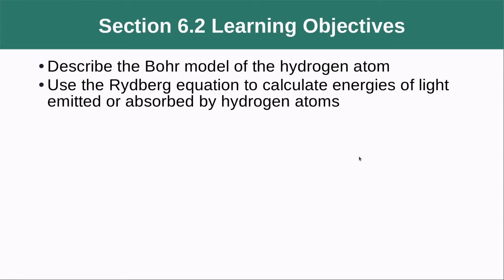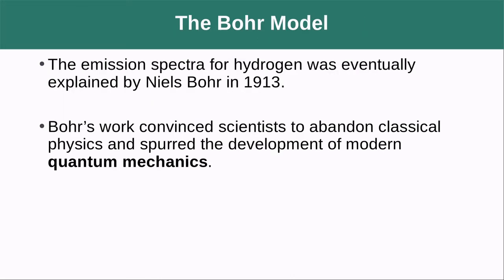In section 6.2, we're going to get into describing the Bohr model of the hydrogen atom, and we're going to use the Rydberg equation to calculate energies of light emitted or absorbed by hydrogen atoms. So let's think about what Niels Bohr did.